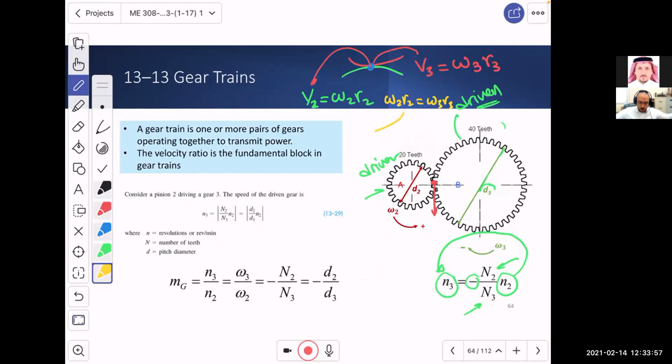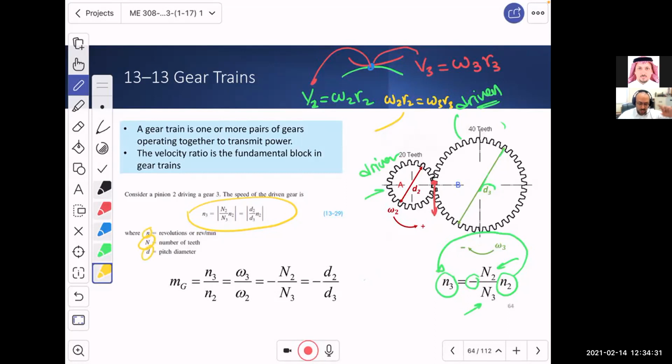So here, as an absolute value, without regard to the sense of rotation, we have N3 equals N2 multiplied by N2 divided by N3, where N is the number of teeth, which is the same as the diameter D2 divided by diameter D3 multiplied by N2. N, as I said, is the RPM, revolution per minute. Capital N is the number of teeth, and D is the pitch diameter.